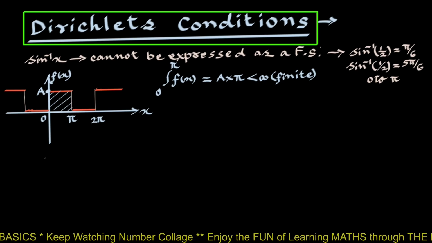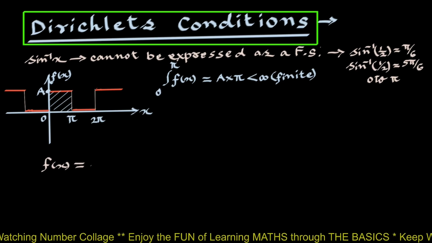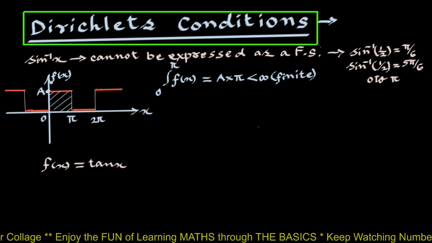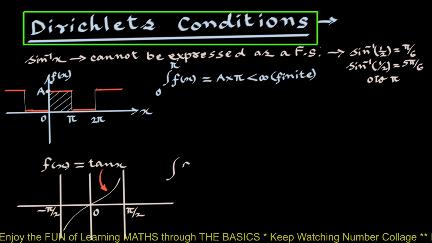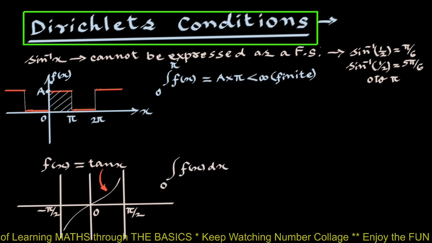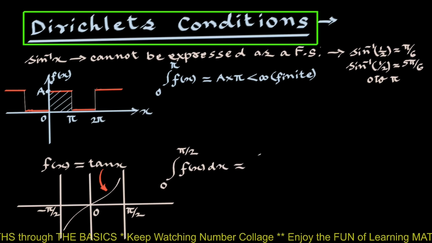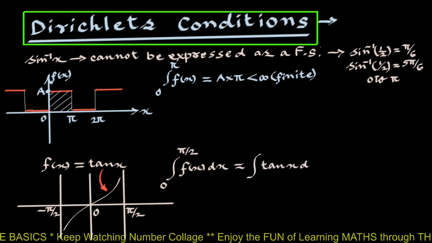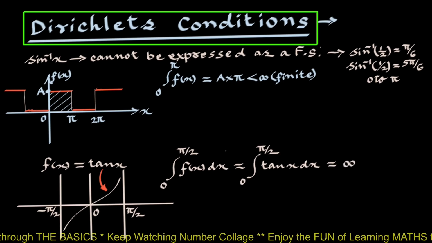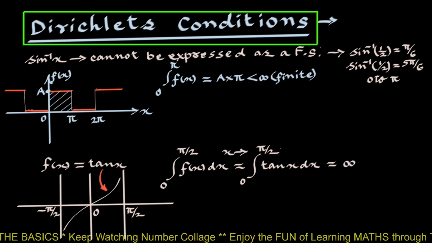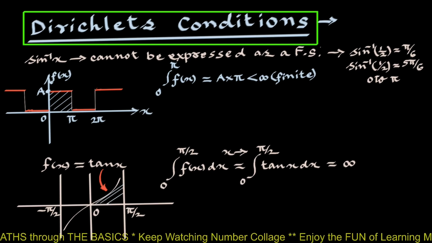Now consider function f(x) equals tan x, whose graph would look like this. In this case, integral f(x) dx from 0 to pi by 2, that is integral tan x dx from 0 to pi by 2, will be infinite, because as x approaches pi by 2, the area will be infinite.